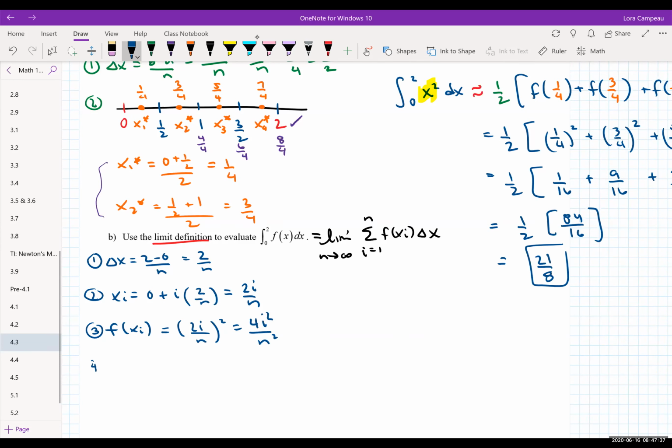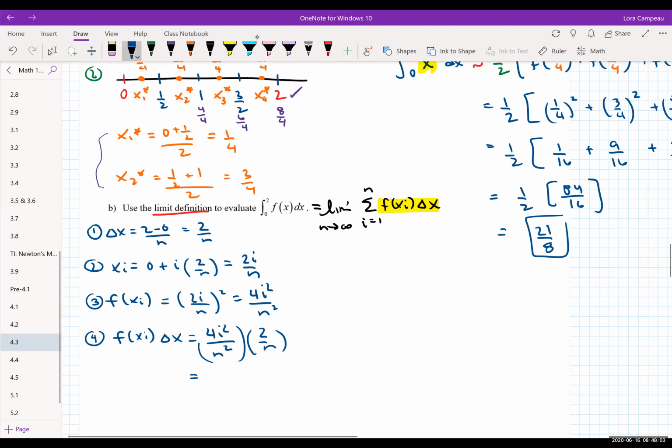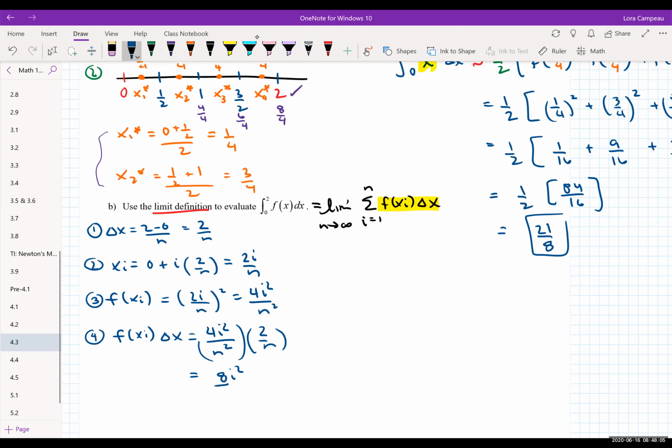Then we say we're still looking for this part, f of x of i times delta x. So f of x of i times delta x is 4i squared over n squared multiplied by 2 over n. So that should finally give us 8i squared over n cubed.